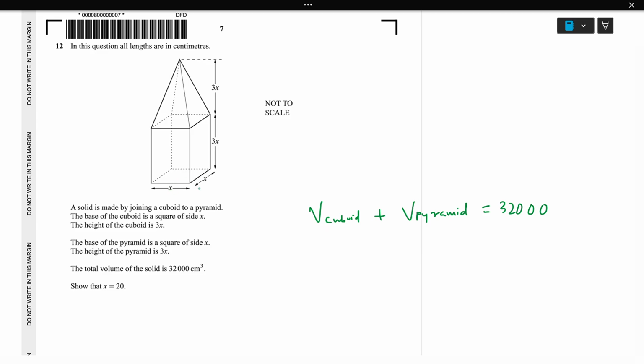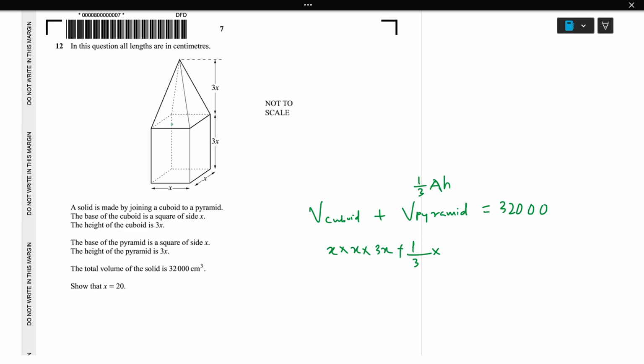The volume of the cuboid is length times breadth times height, which is x times x times 3x, plus the volume of the pyramid. The pyramid formula is given in the formula area, which is 1 by 3 times base area times the height.